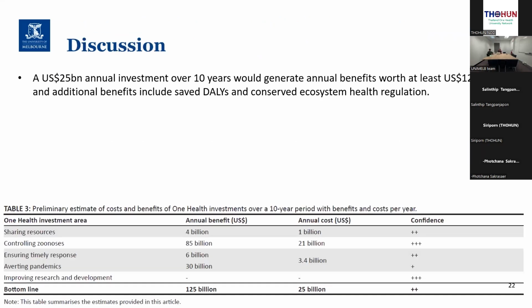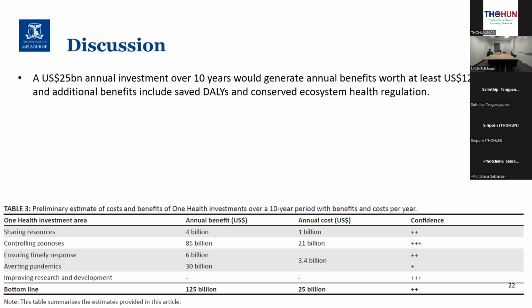So this is just in summary, all the things we discussed. So 25 billion annual investment over 10 years would generate net annual benefits worth about 125 billion US dollars. And additional benefits include saved DALYs and conserved ecosystem health regulation.